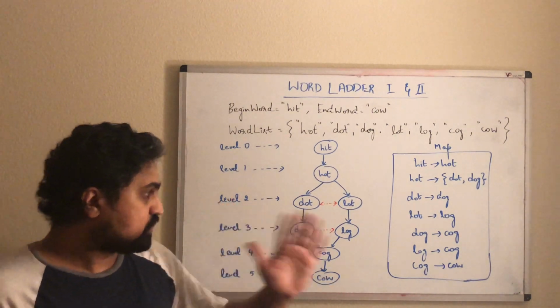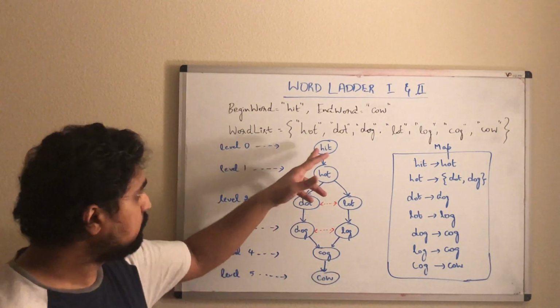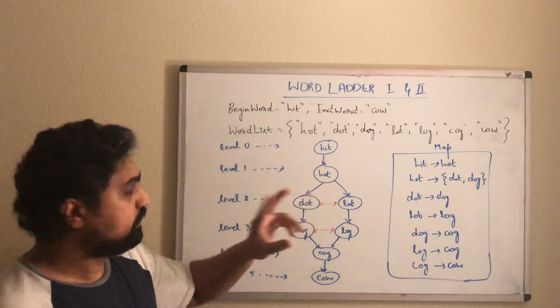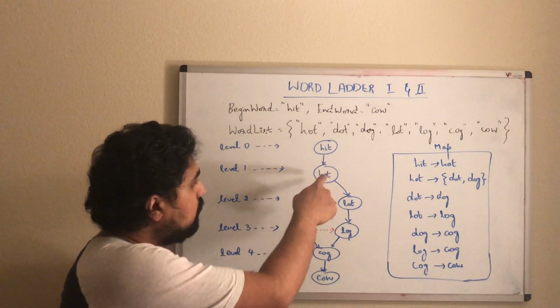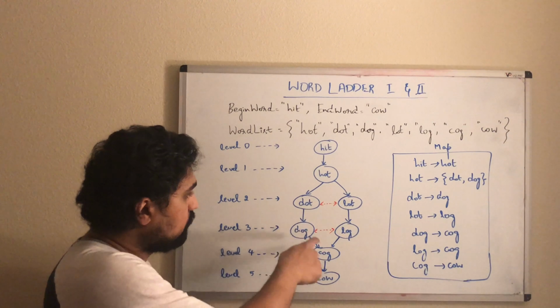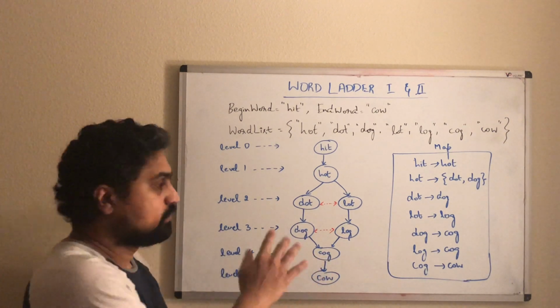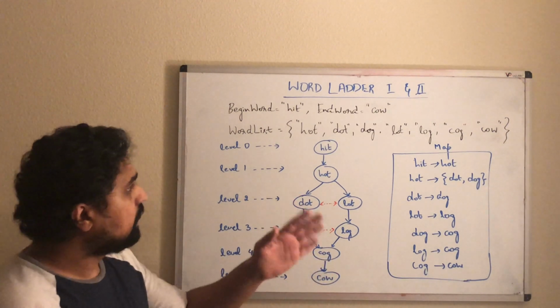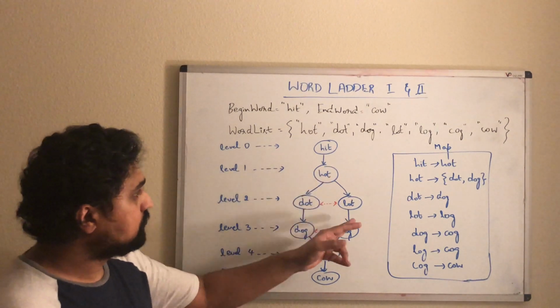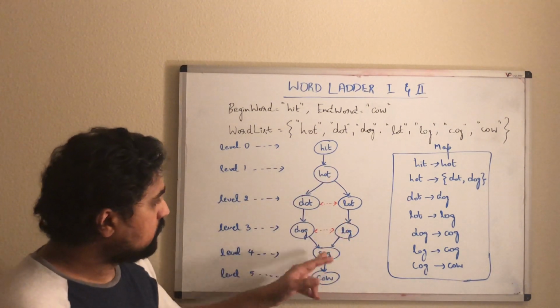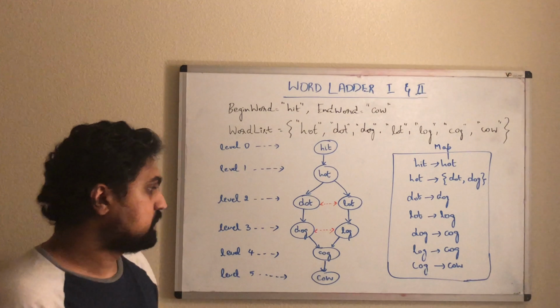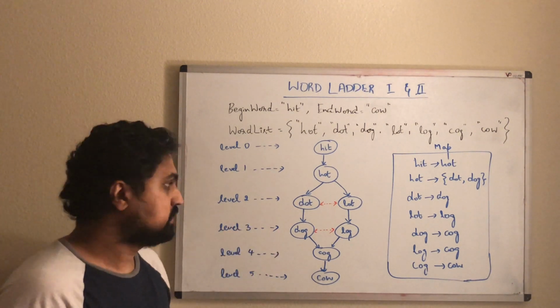Now the shortest transformation sequence from the begin word to the end word, there are two of them: hit to hot, hot to dot, dot to dog, dog to cog, cog to cow. So this is one transformation sequence, and the other one is hit to hot, hot to lot, lot to log, log to cog, and cog to cow. So this is the second transformation sequence, the shortest transformation sequence.